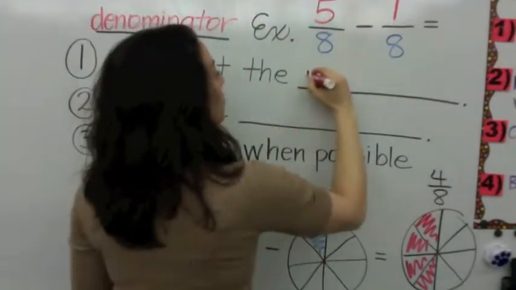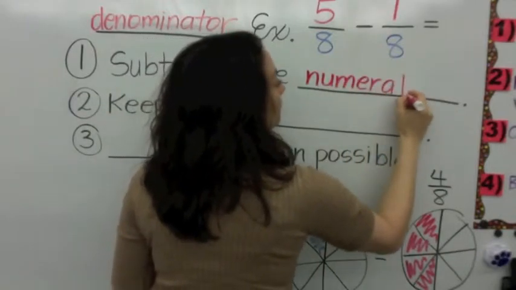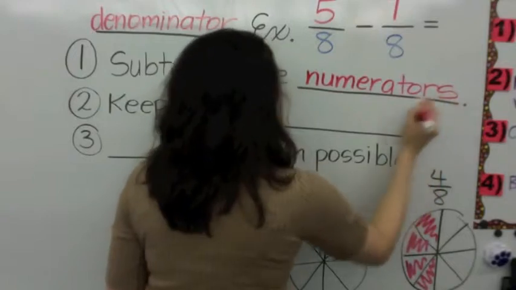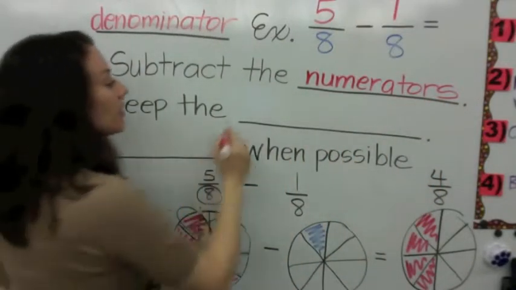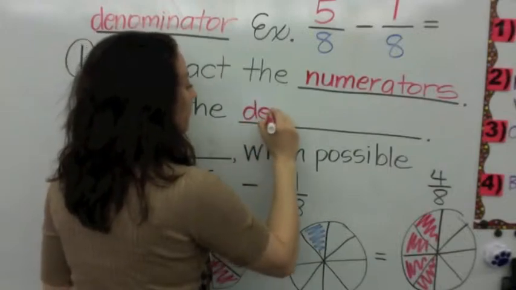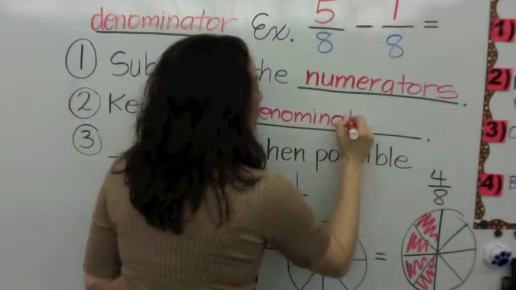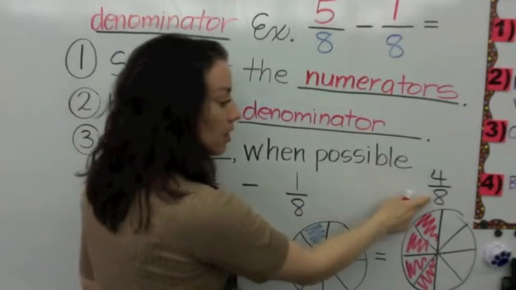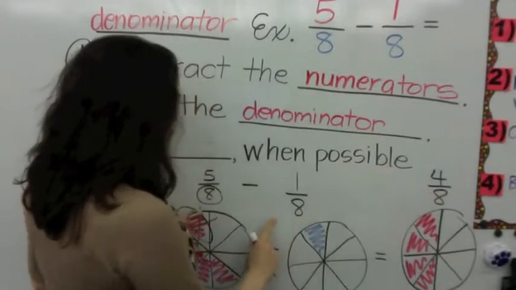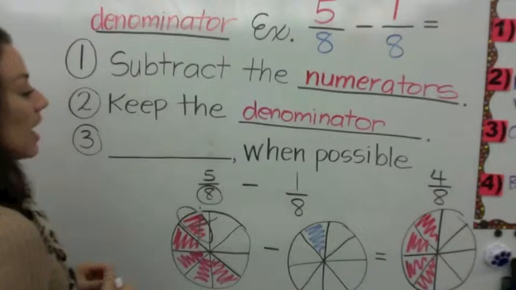So you subtract the numerators, which are the top numbers, but you're going to keep the denominator. Keep it. Okay? Because you can't say that 8 take away 8 is 0. You can't divide by 0. So remember, you're still in eighths. You still have your fraction that's cut in eighths.